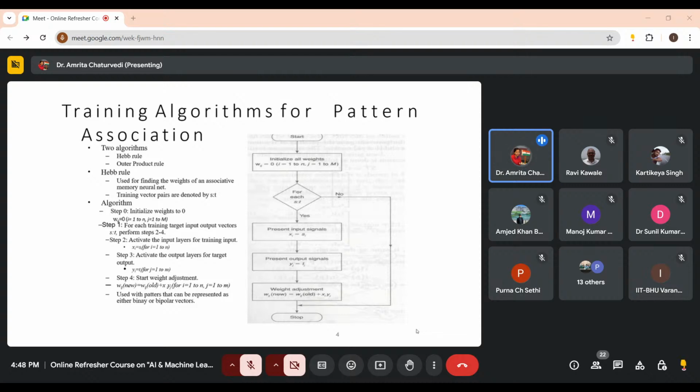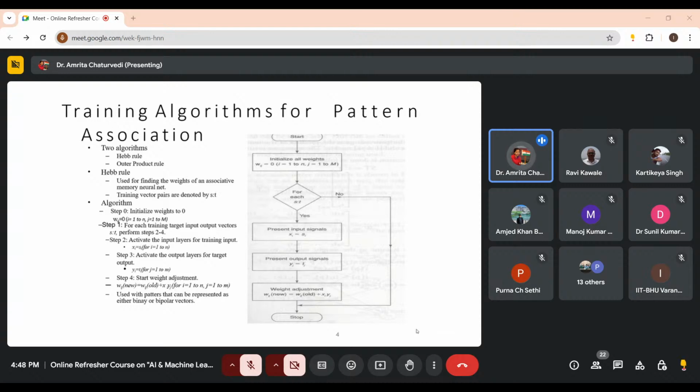Simple. Then you start the weight adjustment. Wij new is equal to Wij old plus Xi Yj. That is, you are simply changing the weights by the product of the input and output. This is your Hebb rule, that delta W is equal to the product of the input-output vectors. This is used with patterns that can be represented as either binary or bipolar vectors.